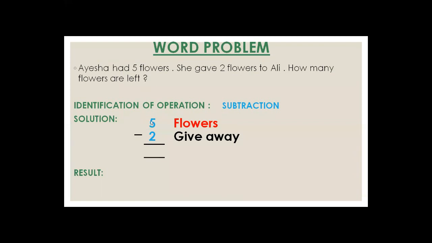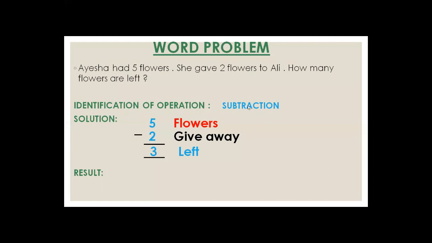After writing 5 minus 2, we solve it. We get the answer. How many flowers does Aisha have left? She has 3 flowers left. So this is the solution.